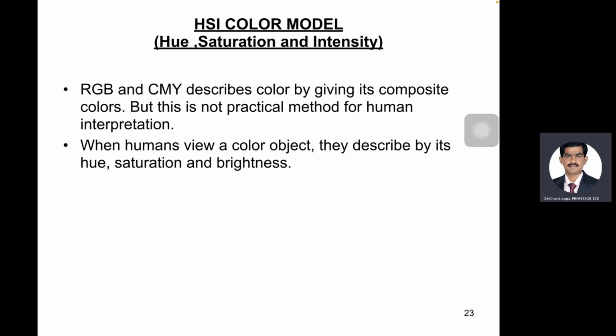The other very important model is the HSI model: hue, saturation and intensity. RGB and CMY describe color by giving its component colors, but this is not a practical method for human interpretation. When humans view a colored object, they describe it by its hue, saturation and brightness.